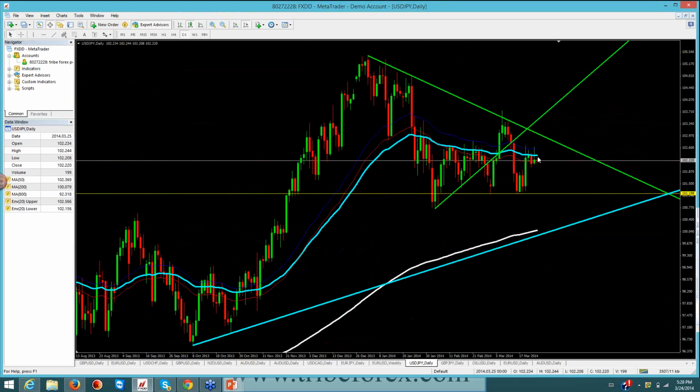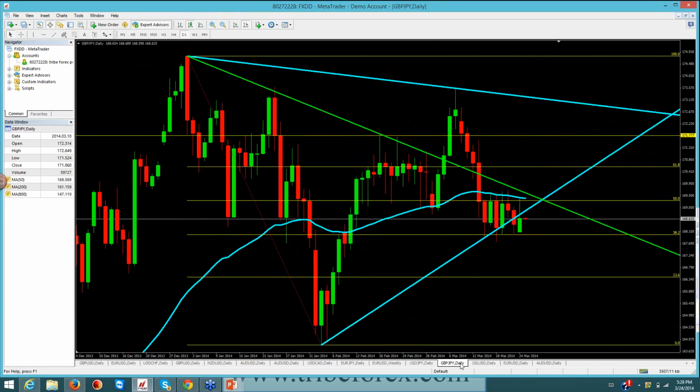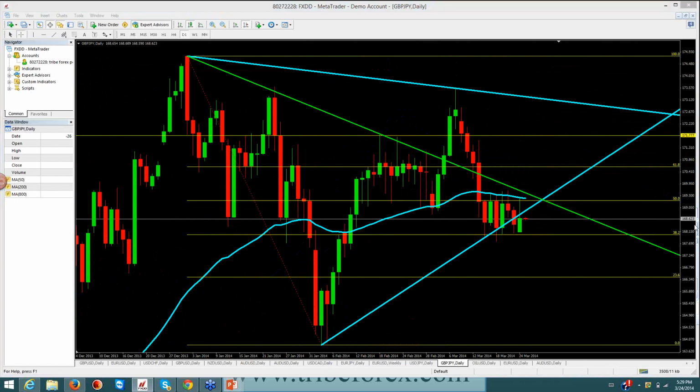Dollar yen, same thing. We could get a bounce right off of 102.36 and sell off. Pound yen, like I said, we're looking for consolidation, so we're going to be looking for a sell off of 169.40, and we're going to be looking for a buy off of somewhere in this vicinity at this 168.00 area.